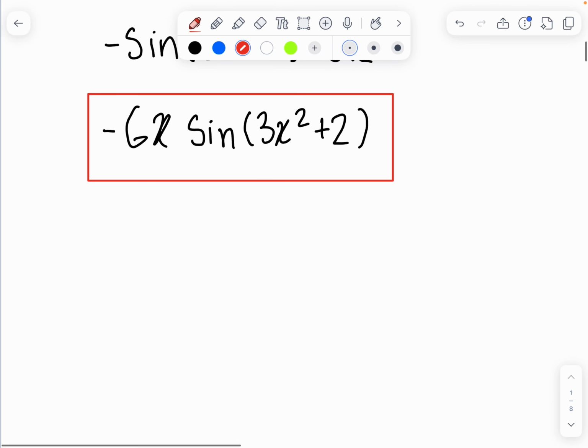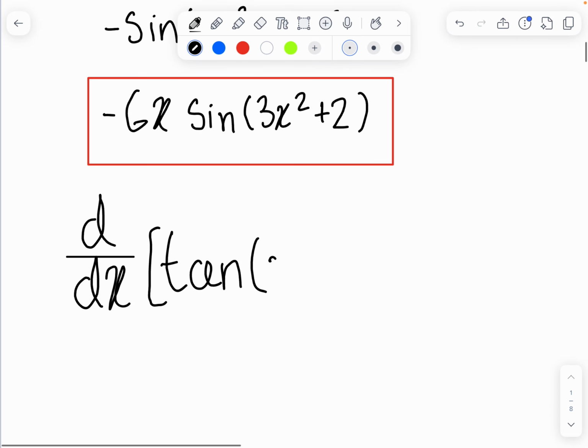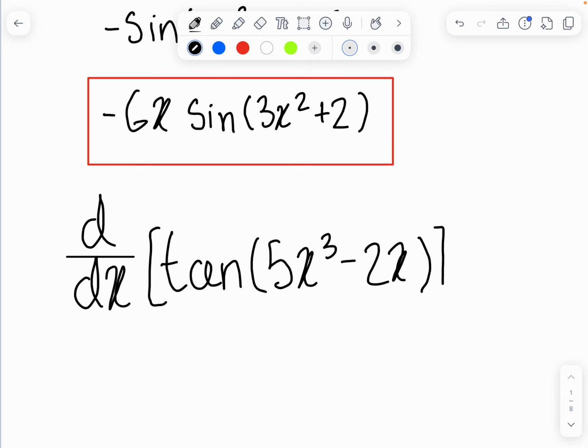Okay, what is the derivative of tangent of 5x cubed minus 2x? Pause the video and solve that.